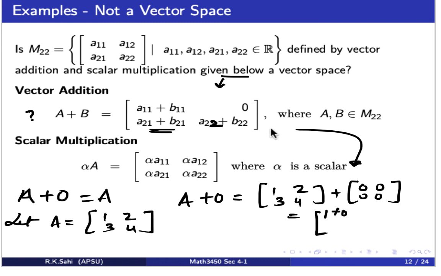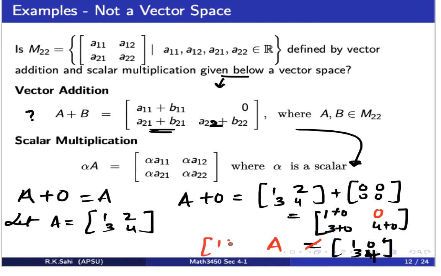That's what happens. Do you all see that? So I'm going to make this a 0. And then 3 plus 0 and 4 plus 0. What are we getting? 1, 0, 3, 4. Now, is A plus 0 the same as A? This one is not equal to A, guys. How can 1, 0, 3, 4 equal 1, 2, 3, 4? No way. And hence, it is not a vector space.